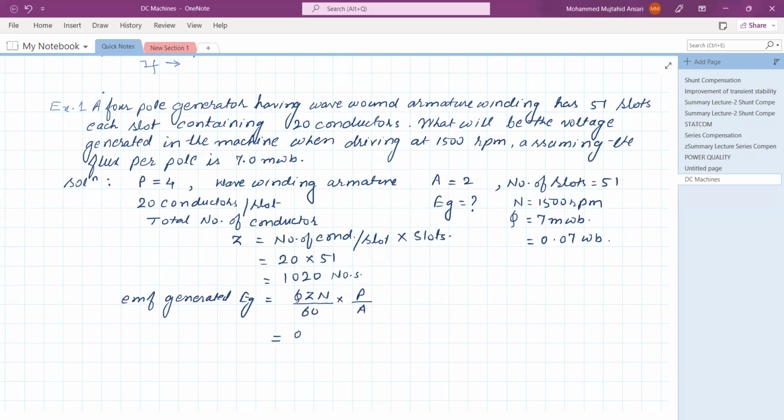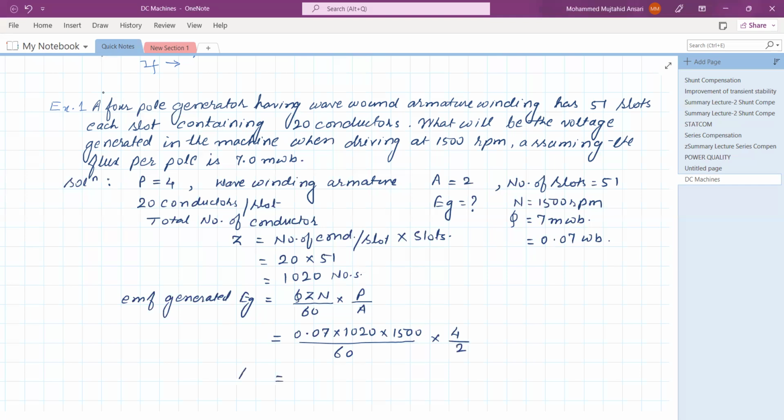Phi is 0.07 into 1020 into 1500 divided by 60, multiplied by the number of poles, 4, divided by 2.